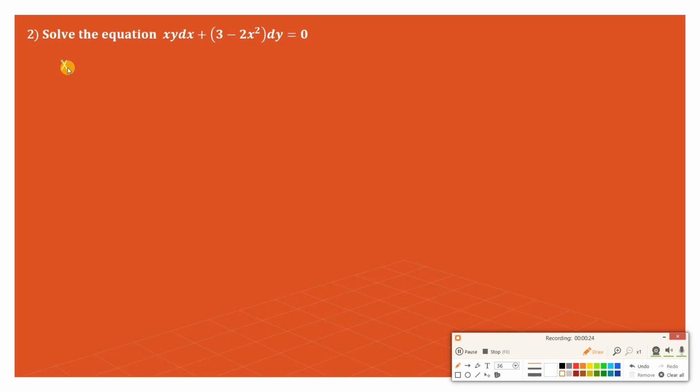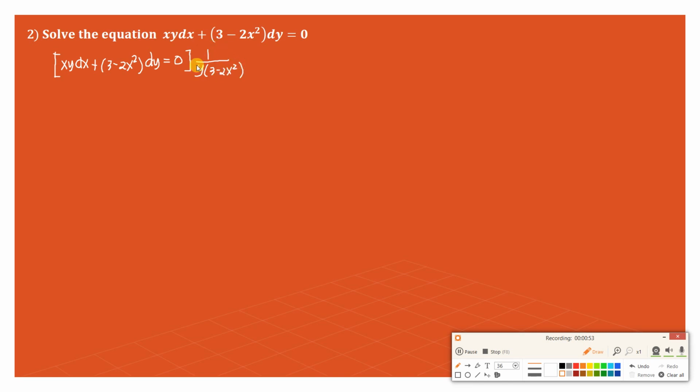So, rewriting again xy dx plus quantity 3 minus 2x squared dy equals 0. So, sa first term, kailangan natin tanggalin si y para matira lang si x. So, we need to divide by y. Sa second term naman, dy ito, kaya kailangan matanggal naman si 3 minus 2x squared.